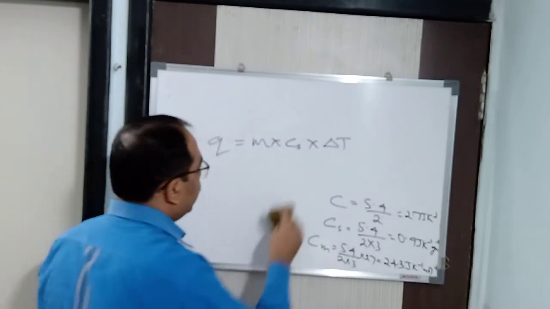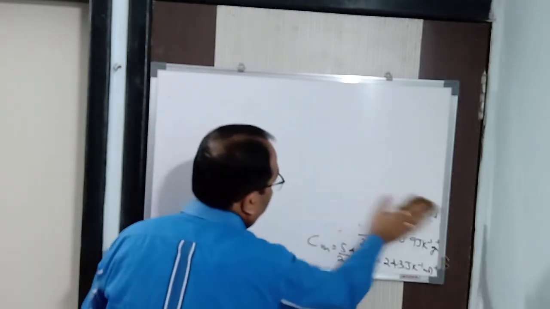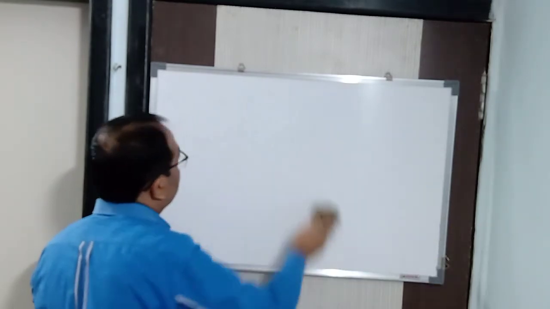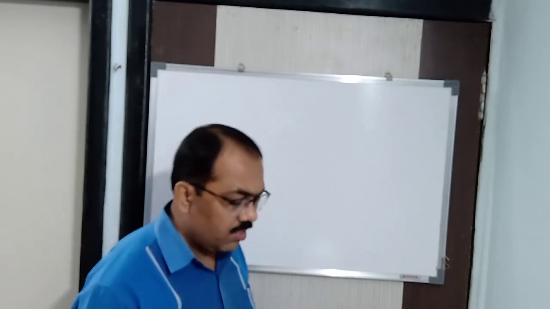Next we will come to heat capacity at constant pressure and heat capacity at constant volume, that is Cp and Cv.